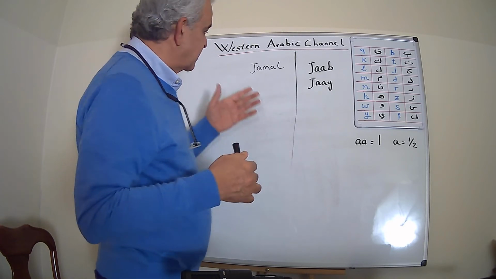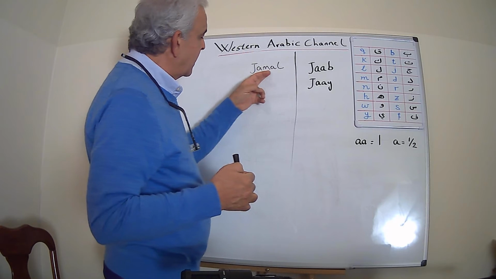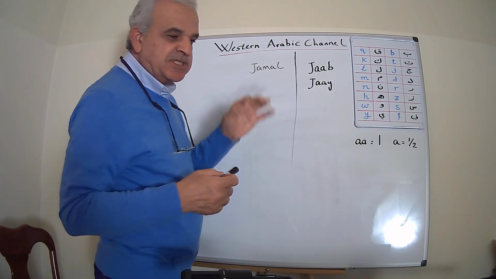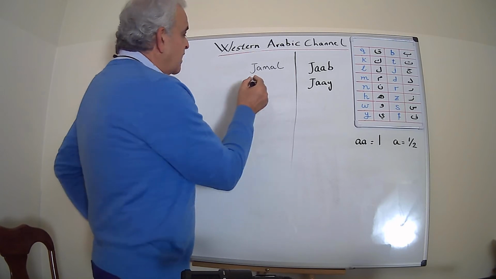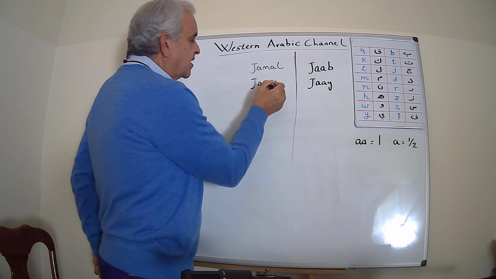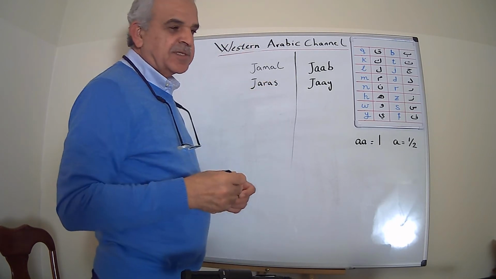Jamal has only short A. And we have Jaras, which means bell, the bell of the house.